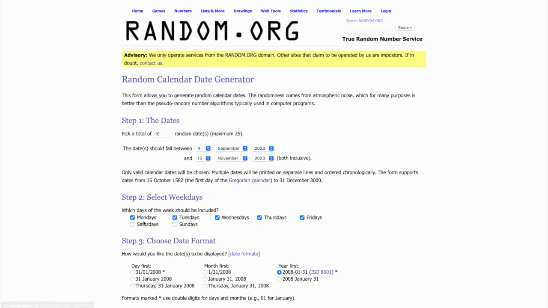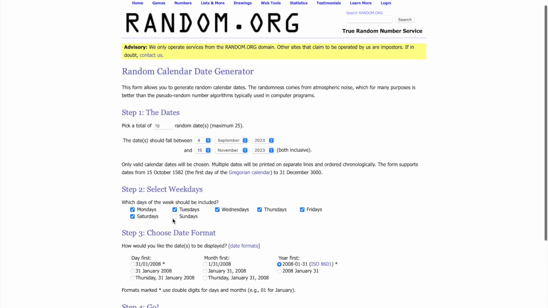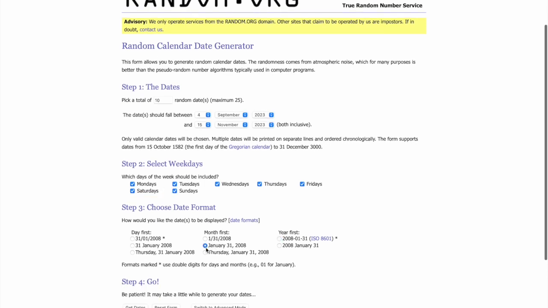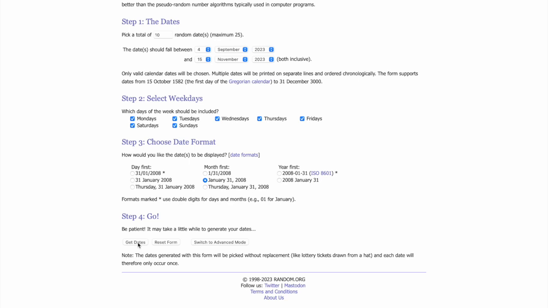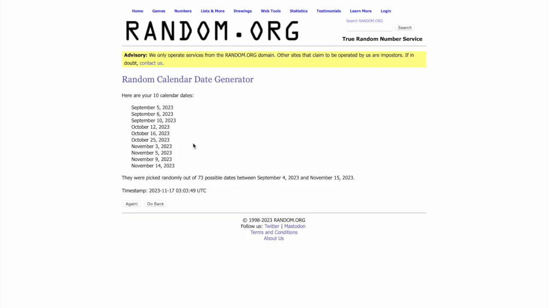I'm doing it as transparently as I possibly can, using the American format. Then we're going to do get dates, and those are the dates that we're going to work with. Just to give you an idea, this is not cherry picked data. I'm going to do it one more time just to make sure, and then that's what we got to work with.